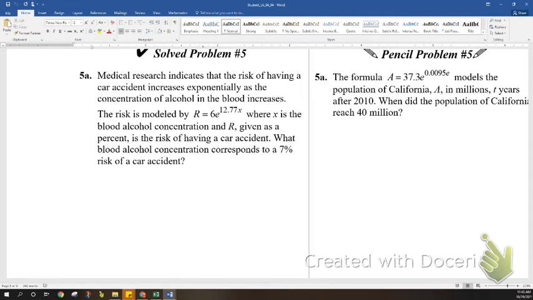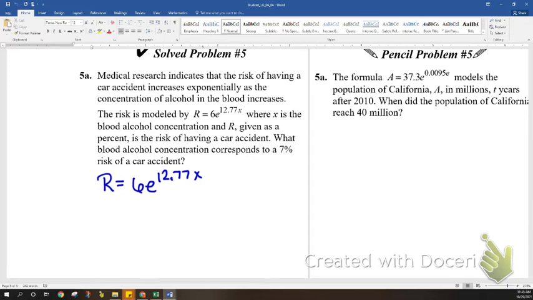All right. So they gave us our equation here. Remember, make sure you understand what the variables are, okay? What is x? x is the blood alcohol concentration, and R is the risk of having an accident as a percent, okay?